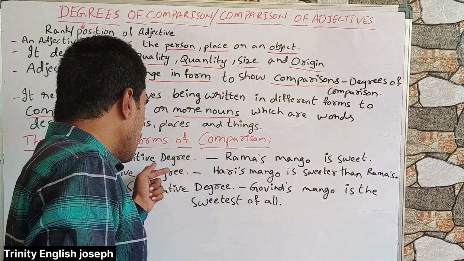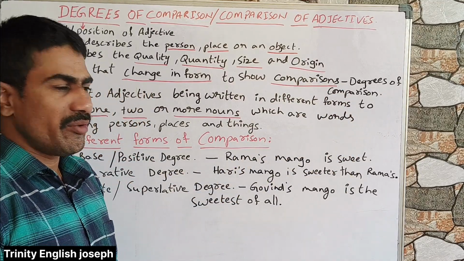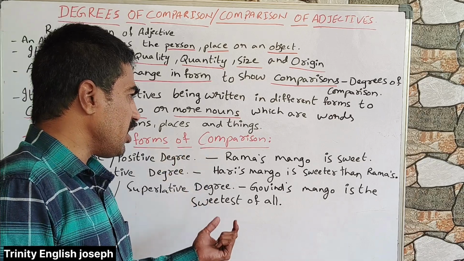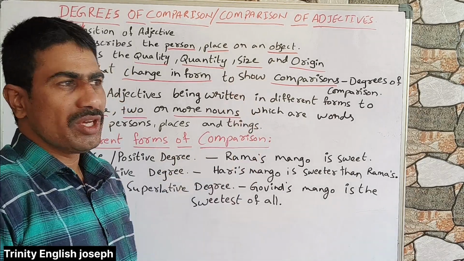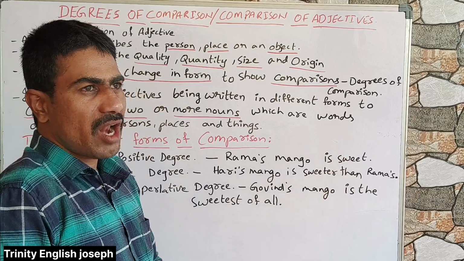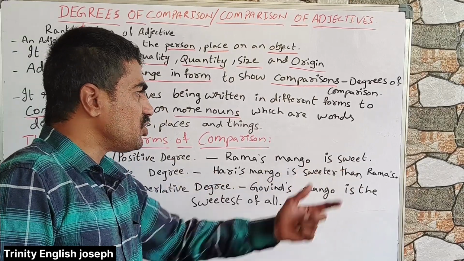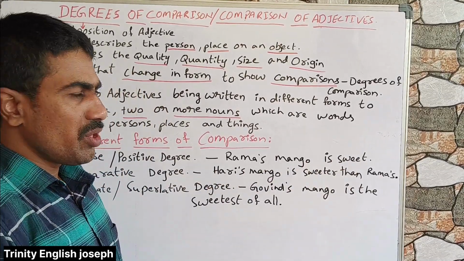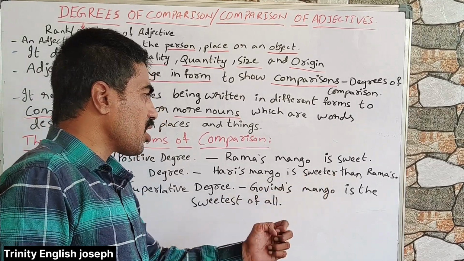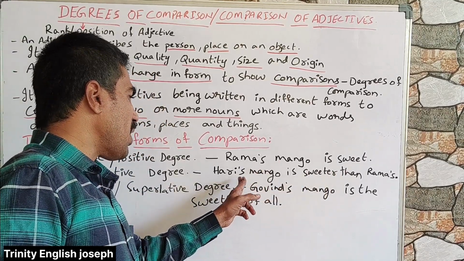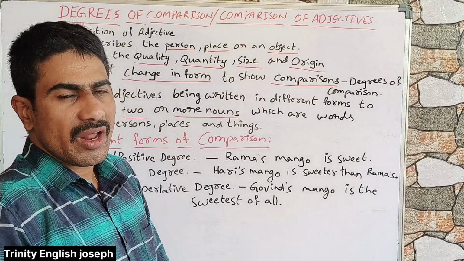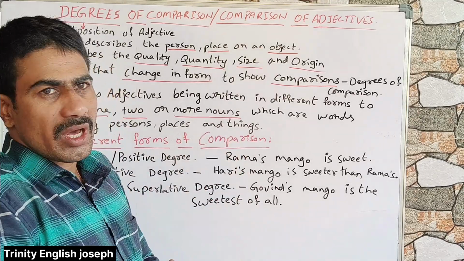Coming to the second one, the comparative degree. Here I am talking about two persons, Hari and Rama. Hari's mango is sweeter than Rama's. The word sweeter talks about the quality of the mango of Hari as well as Rama, so two nouns and their quality are compared.